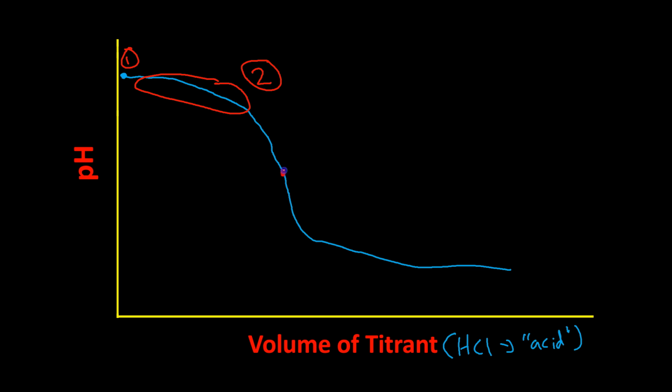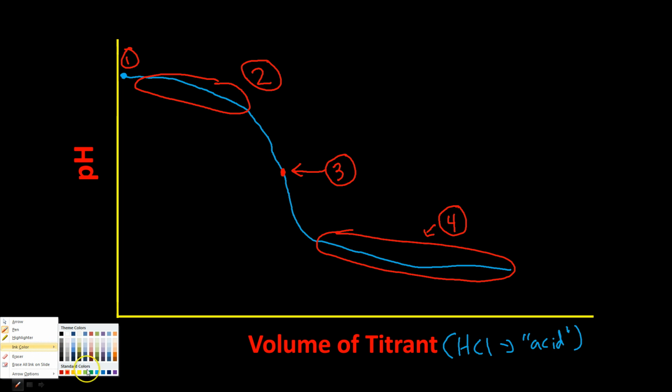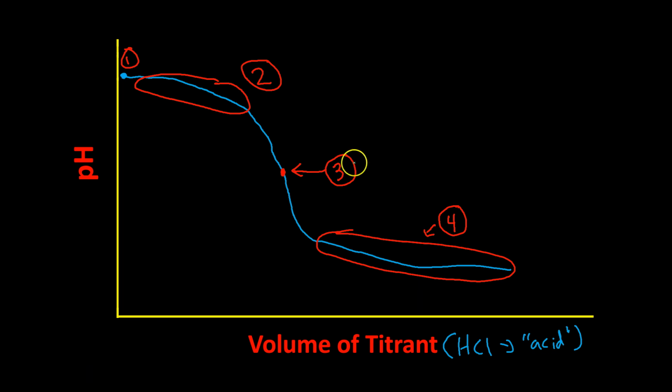Region 3 is right here in the middle, and this is what we call the equivalence point. Region 4 is basically everything after the equivalence point. I just want to give special emphasis to that equivalence point, region 3.